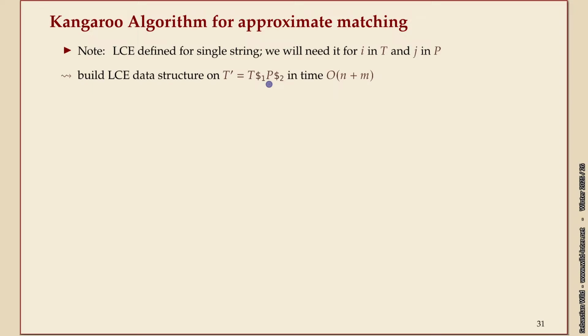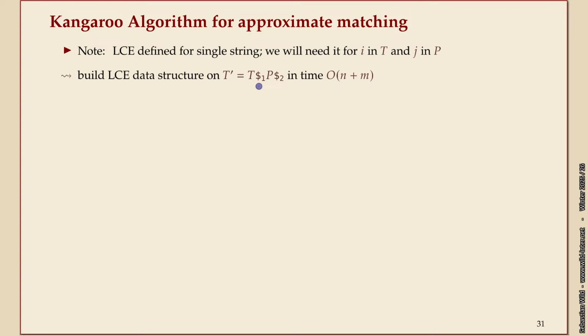Essentially, just concatenate the two, but it's smart to put some new characters in between that mark the end of either of the strings, so that no longest common extension will ever run out of T into P. That would potentially be a worry if you're close to the end of T and at some point in P you may use an extension that uses the first characters of P again.